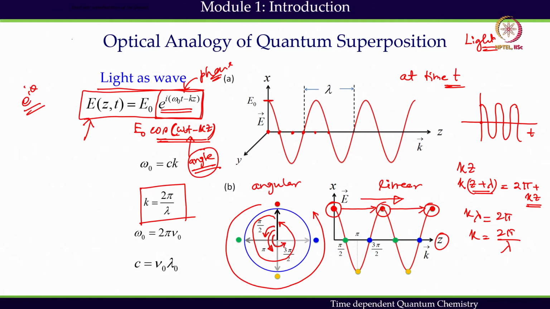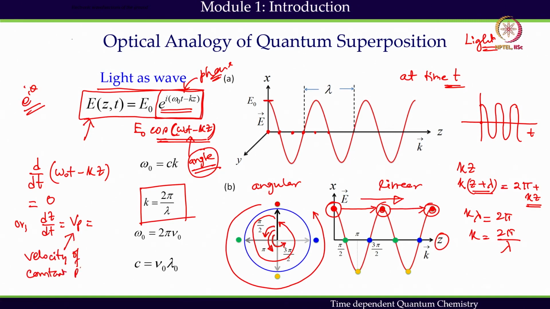You see the phase front here is repeating, so it's a constant phase front, and if I take the constant phase front, it means that the time derivative of that phase is zero. The total phase is omega naught t minus kz, and its time derivative is going to be 0, or in other words dz/dt, that is the velocity, called phase velocity, the velocity of the constant phase front, that is Vp equals nothing but omega naught by k.